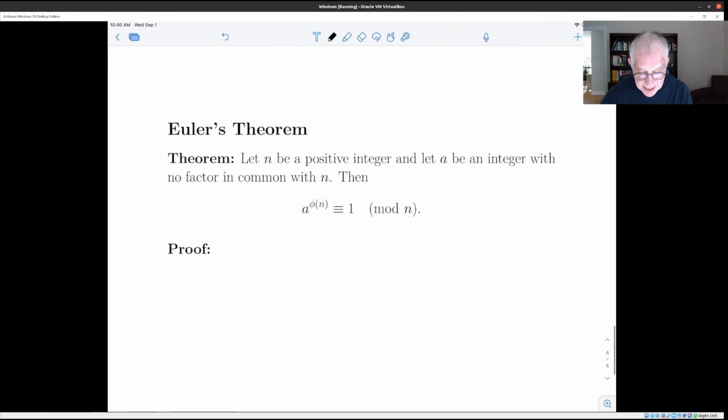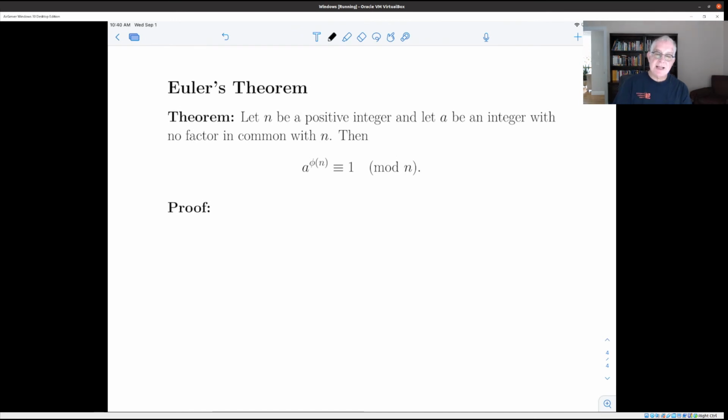And now we can state Euler's theorem, the proof of which is almost exactly the same, but it's for the case where n is a composite integer, and a is an integer which has no factor in common with n. Under those hypotheses, Euler's theorem says that a to the phi of n is always congruent to 1 mod n.